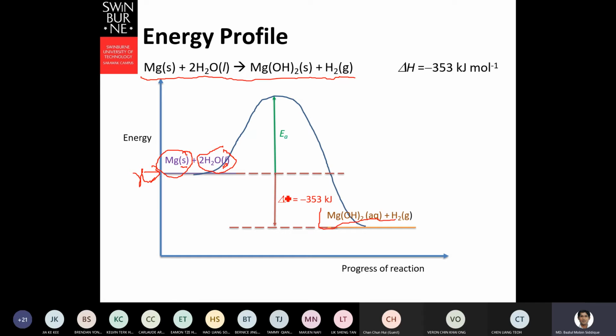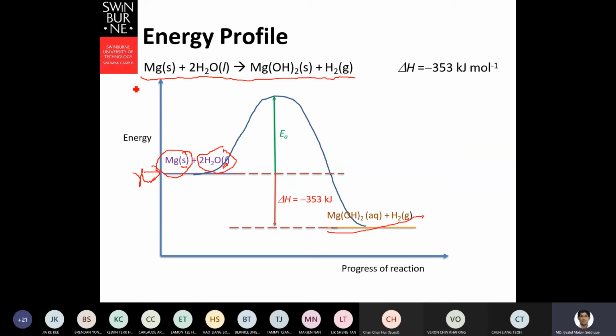Here it is, the product is here, at the lower end.